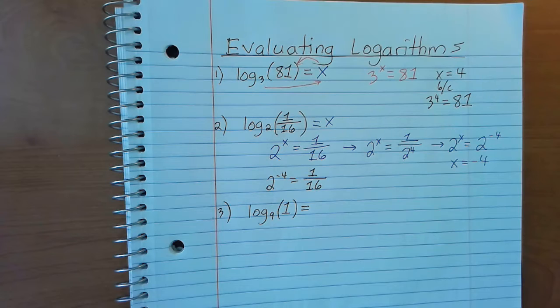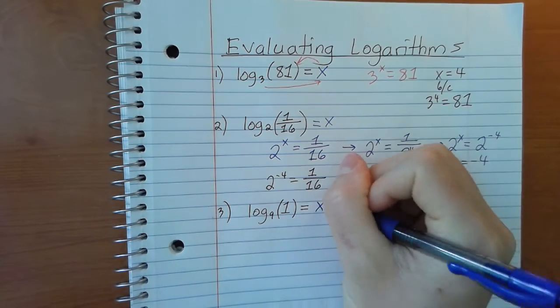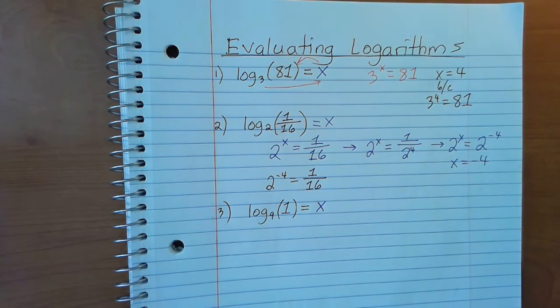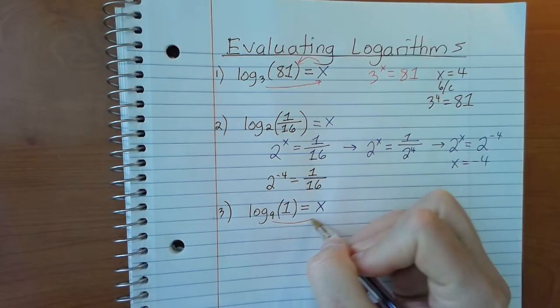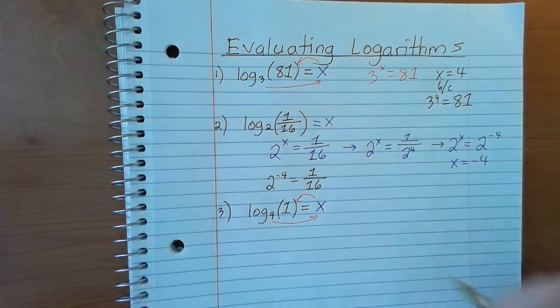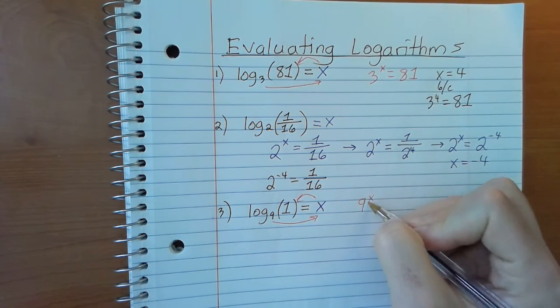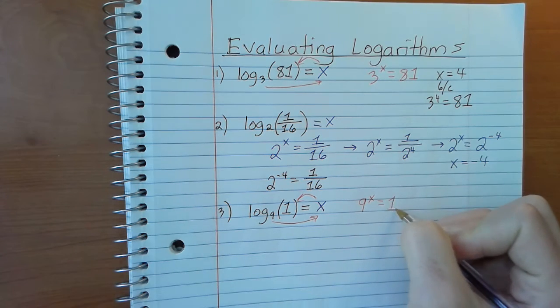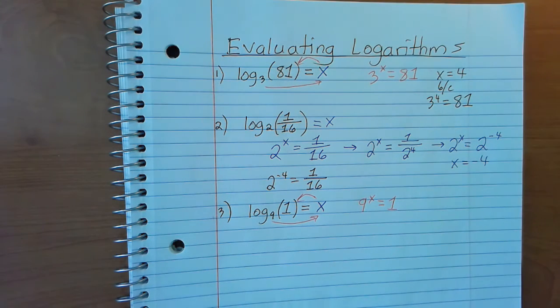The third problem is log base 9 of 1. We want to figure out what that is equal to. So we can draw our arrows again and do 9 to the power of x equals 1. That hopefully is obvious. If I'm getting it to 1, 9 to the power of 0 equals 1.